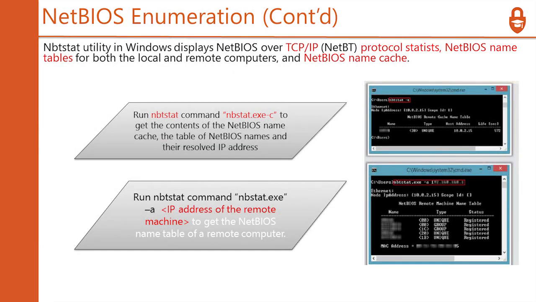This is very important to know how to interact with, not graphically but through the CLI, the command line interface, if you're going to be an attacker, because a lot of times you only get a console. You want to run the nbtstat command nbtstat.exe -a, followed by the IP address of the remote machine, to get the NetBIOS name table of the remote computer.